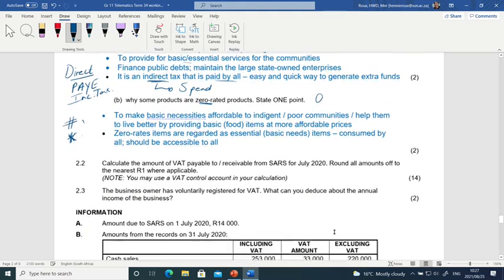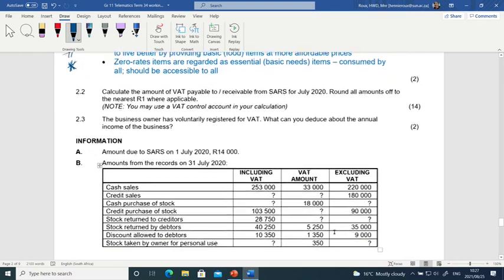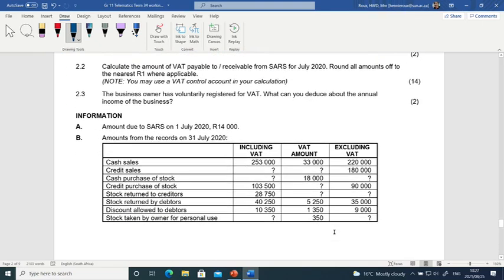The last one, we have to calculate the amount of VAT payable to or receivable from SARS. You can do the VAT control account, but we've given you a table for that. The amount due to SARS, so that is how much we owe SARS, 14,000. First thing, we have to calculate, because we're only interested in the VAT amount.